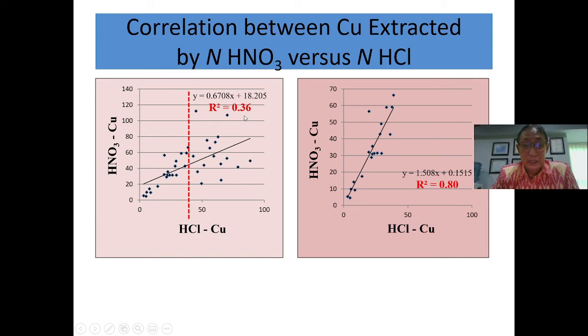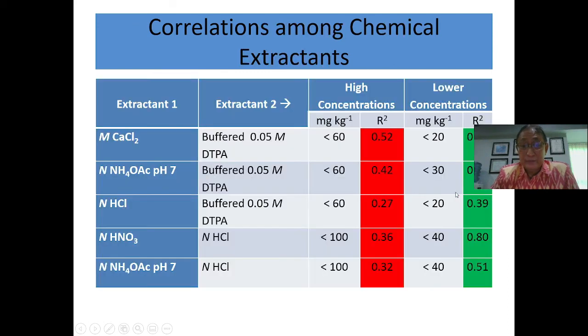You can see that here we have 0.36, and after we narrow the concentration range, then the correlation coefficient becomes 0.80. And this phenomenon was also observed for different pairs of chemical extractants, as you see from the improvement of the correlation coefficient from the red area here to the green area.